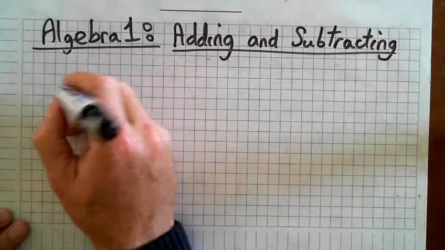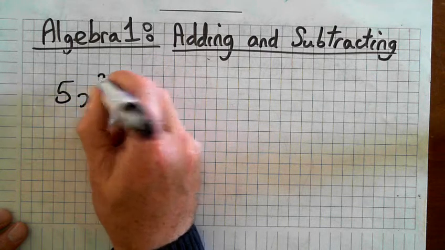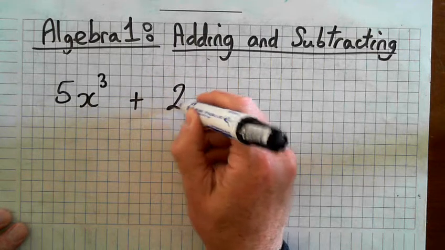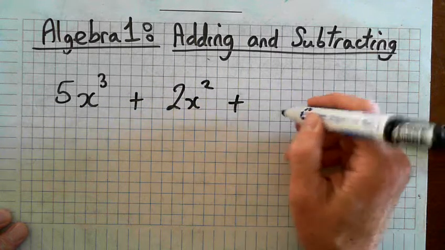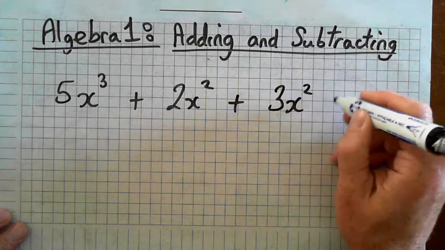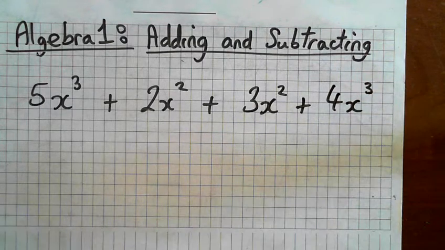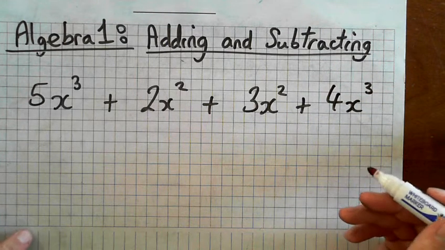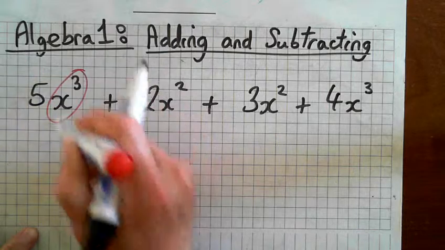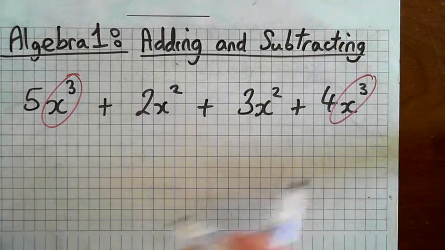So another example like that. Which objects are the same? Obviously that's the same type of object as that, isn't it?